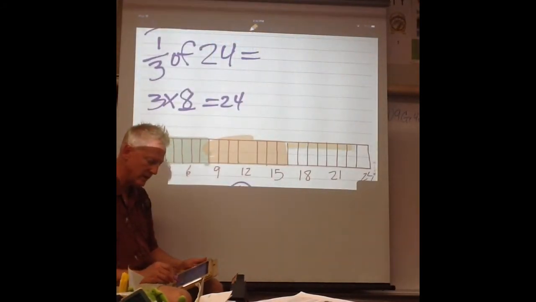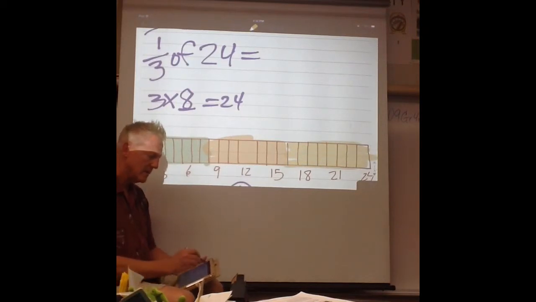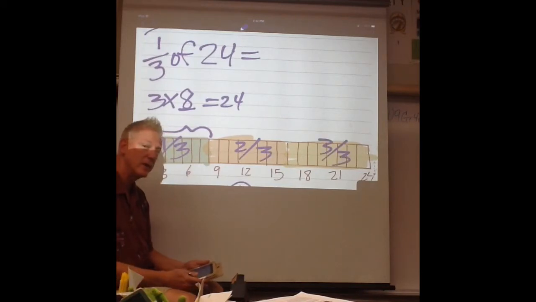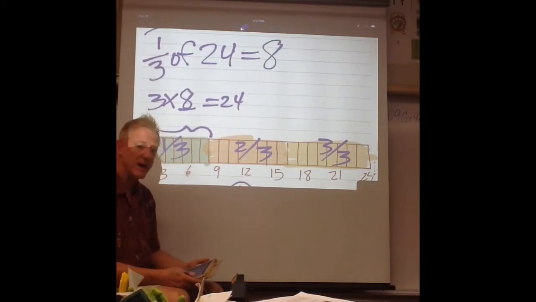We use yellow, and there's our last third, right? This is 1/3, because this is 2/3, and this is 3/3. So what is 1/3 equal to? It is equal to 8.